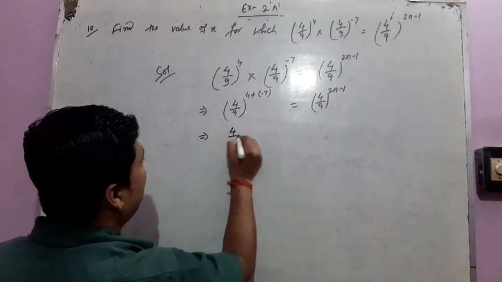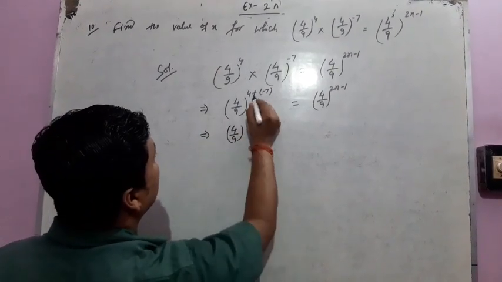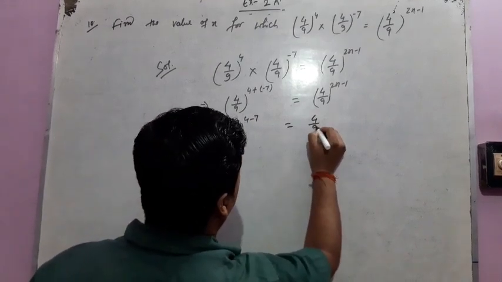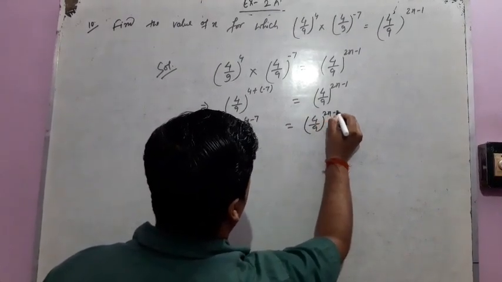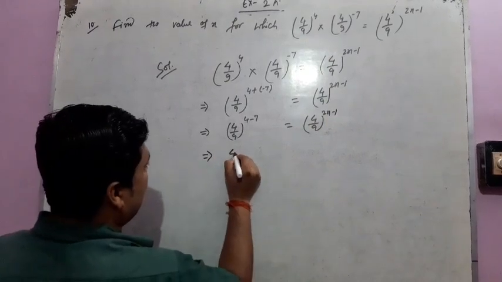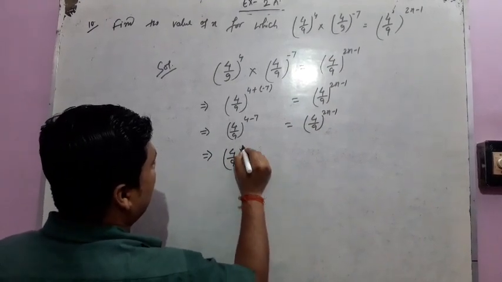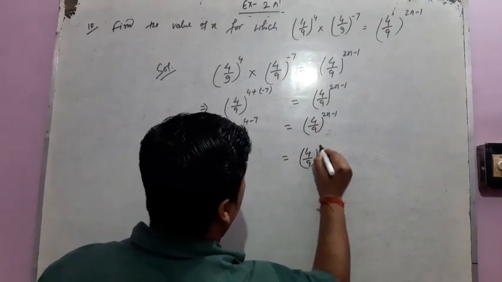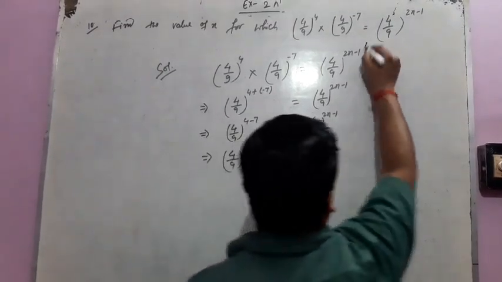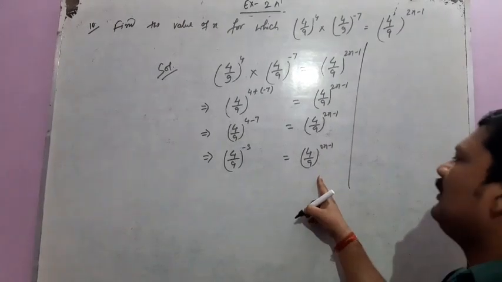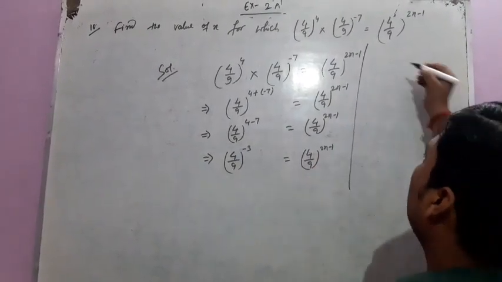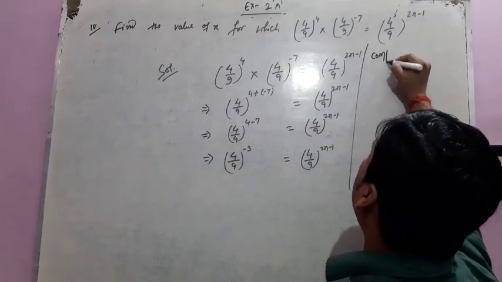Now when we add the exponents, the value will be minus 3. So (4/9) whole to the power minus 3 and (4/9) to the power 2x minus 1. Now on both sides there is the same base, so we have to compare their exponents. So we have to write here comparing the exponents.